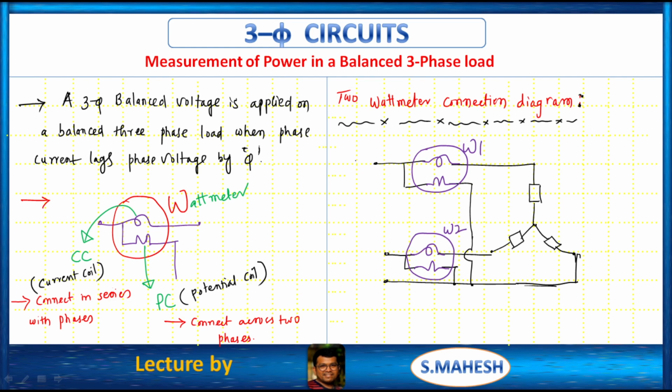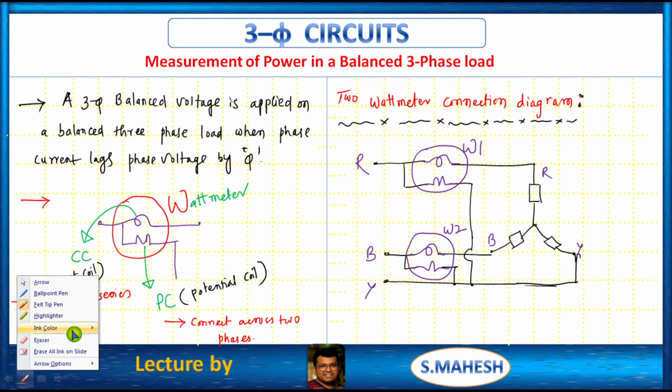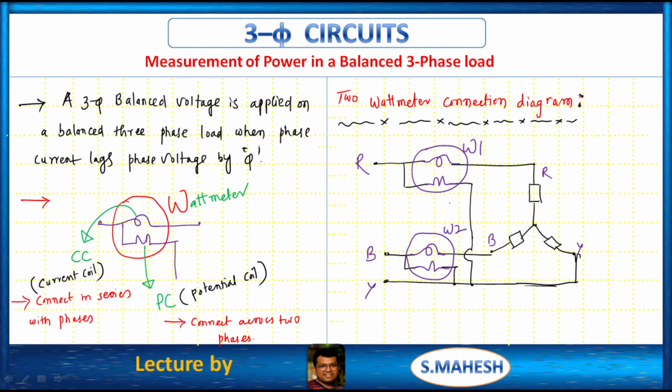This is R, this is Y, this is B. The current through the R phase is IR, this is IB, this is IY.